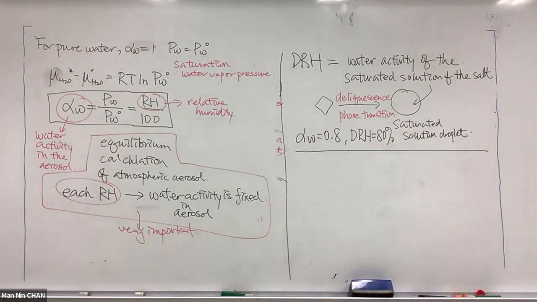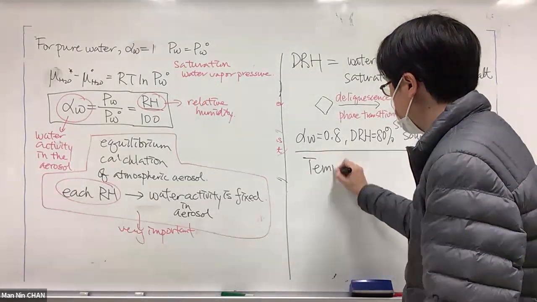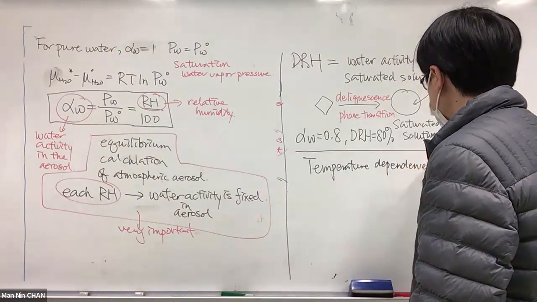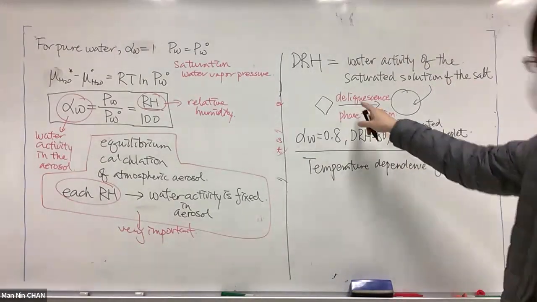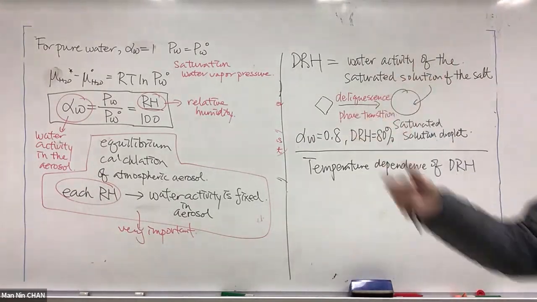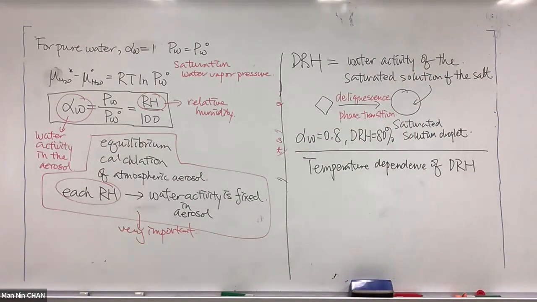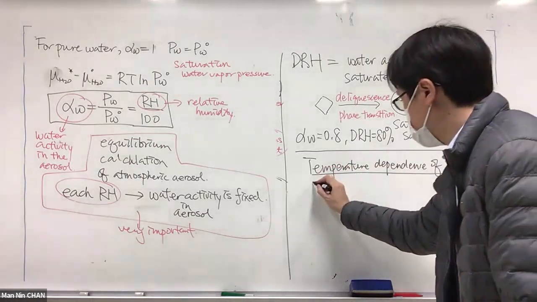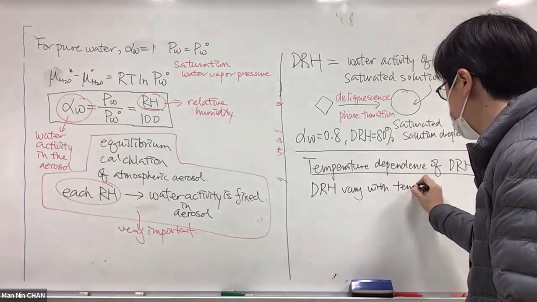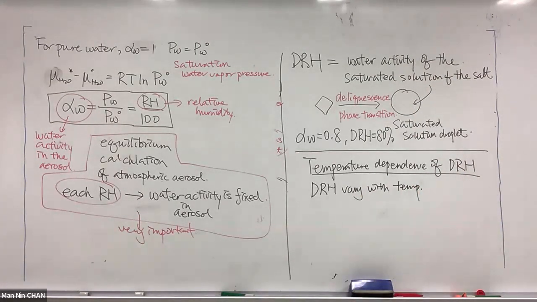And also this deliquescence process is temperature dependent. So that means the RH percentage, whether it's 80% or 85%, will also depend on temperature, so the DRH will vary with temperature.